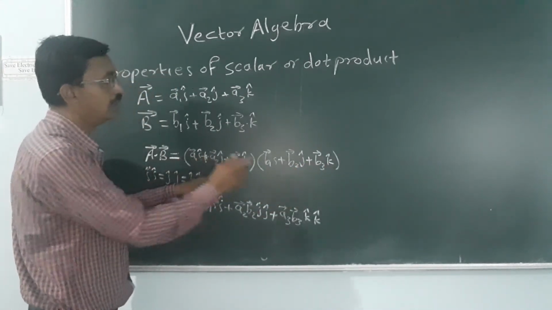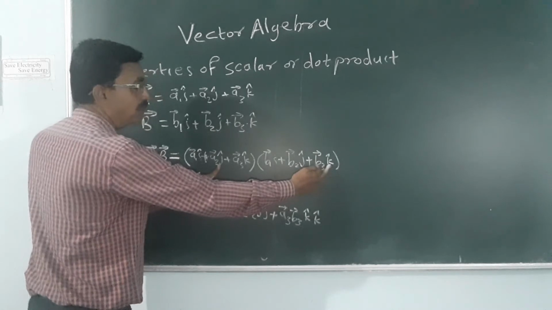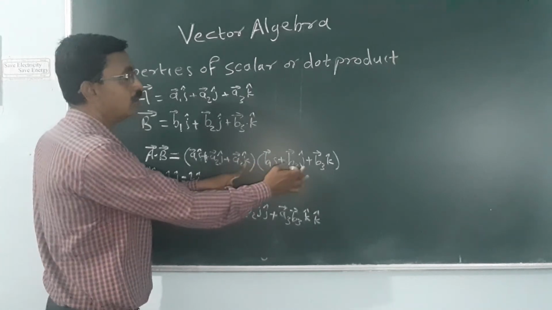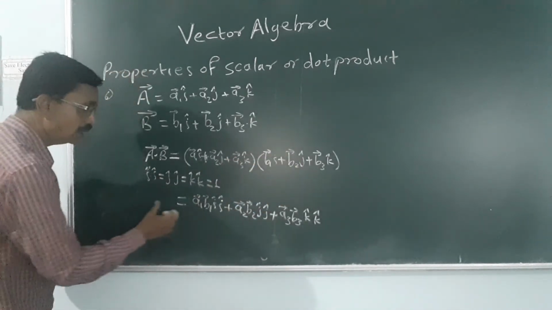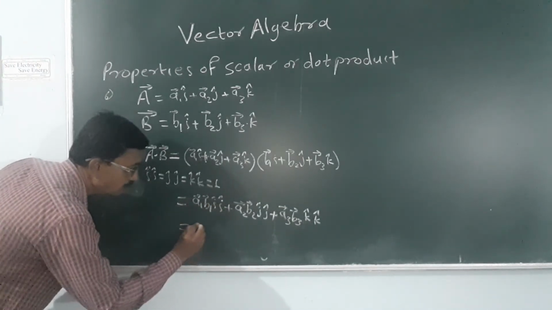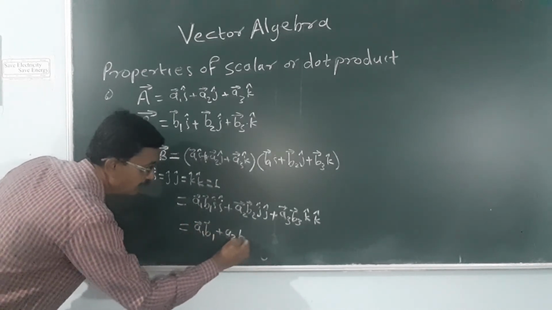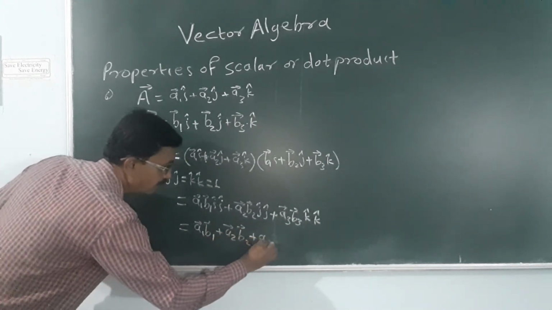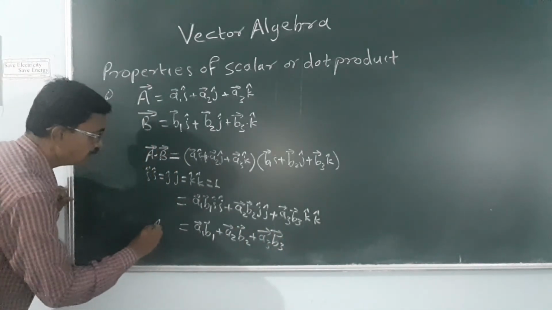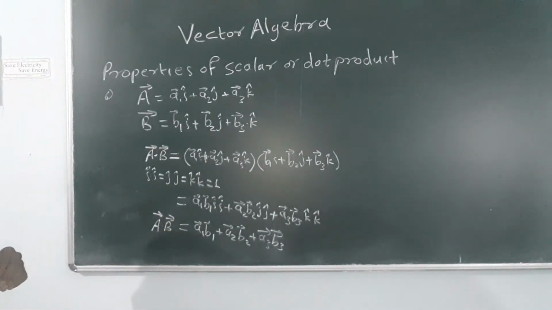Similarly, j with i becomes 0, j with k becomes 0. Similarly, k with i becomes 0, k with j becomes 0, and in this way the remaining part is only this one. Finally, it is a1 b1 plus a2 b2 plus a3 b3. So this is nothing but the scalar product of vector A into vector B in the component form.